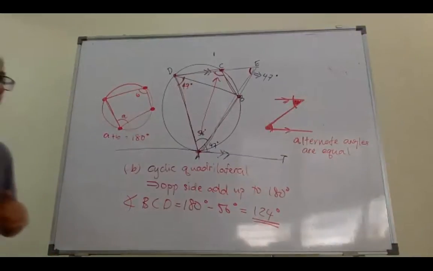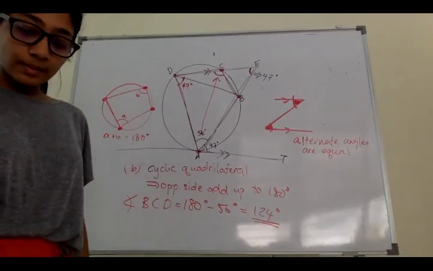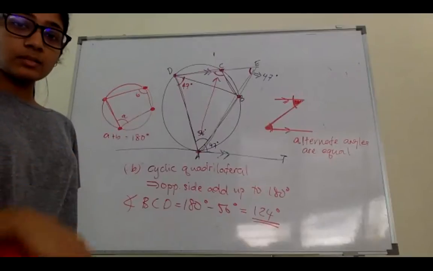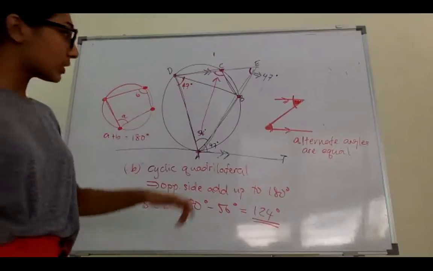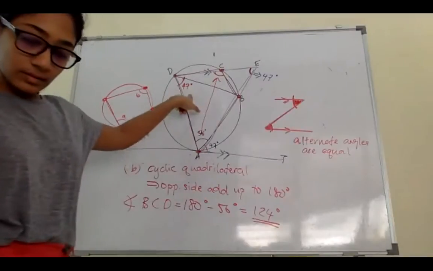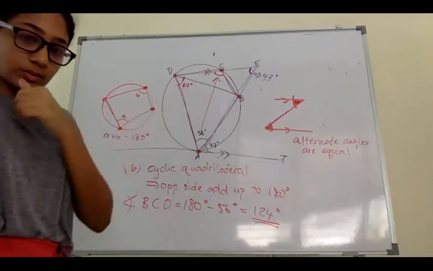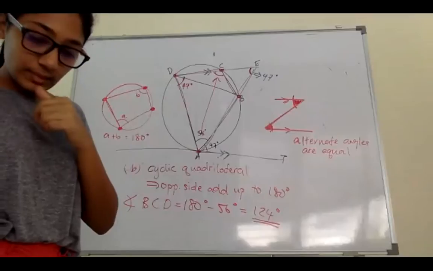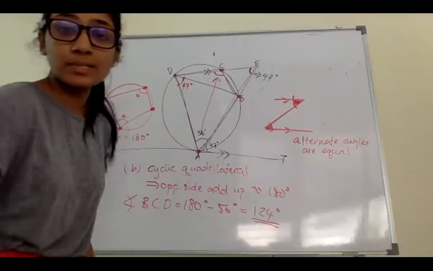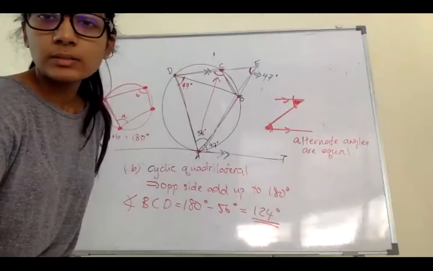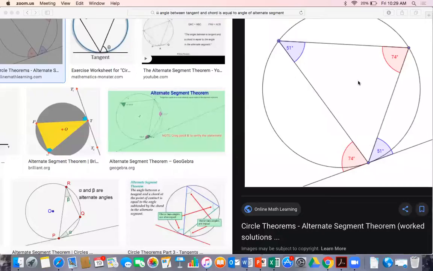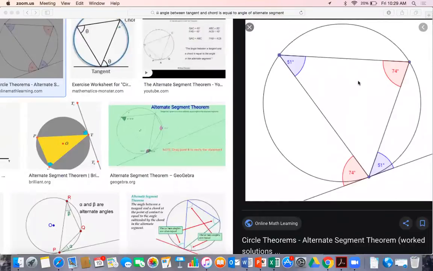So reason being, the angle between the tangent and the chord is equal to the angles in the alternate segment. So basically, they're talking about this one, the alternate segment here.